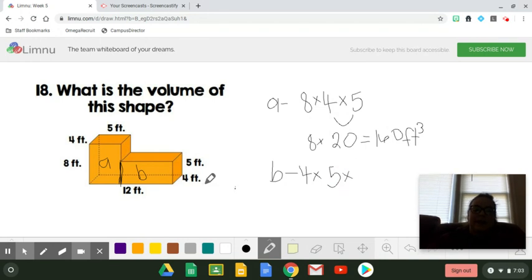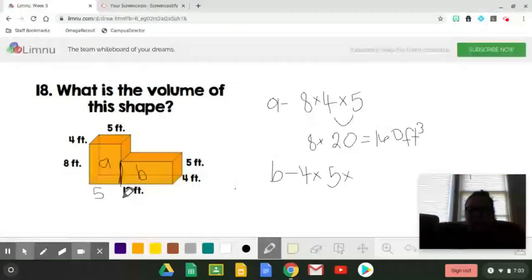So now we've just got to figure out what is the length. If this whole thing is 12 feet, okay, and up here I see that all the way to here is 5 feet. So if the whole thing is 12 and 5 of the feet are accounted for, I would subtract 5 of them, and I got this 5 from right there.